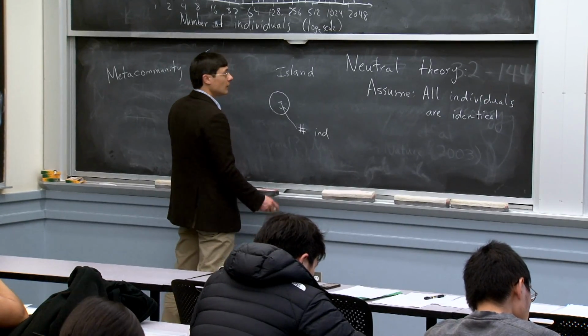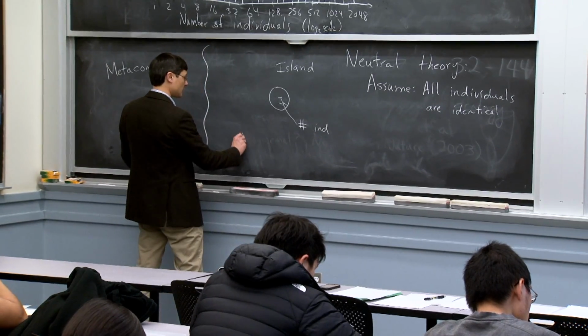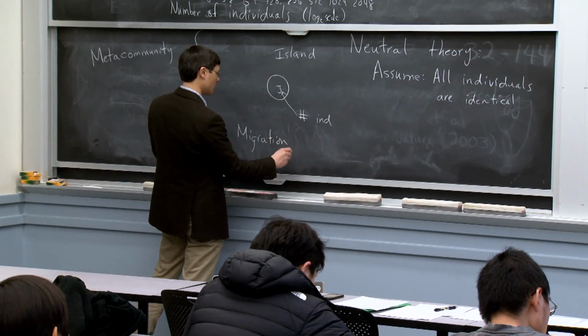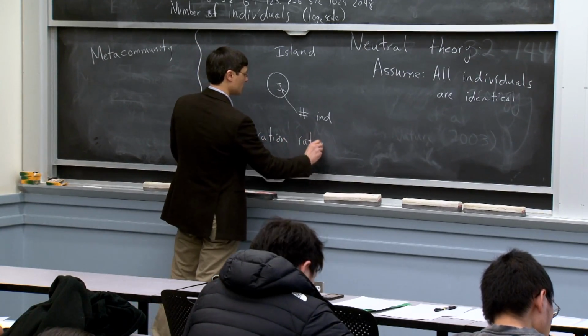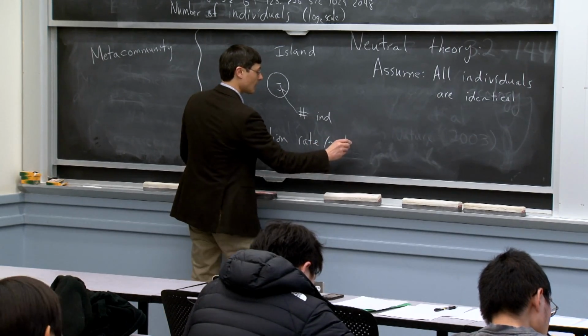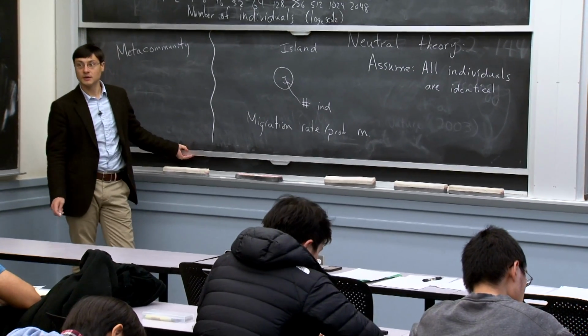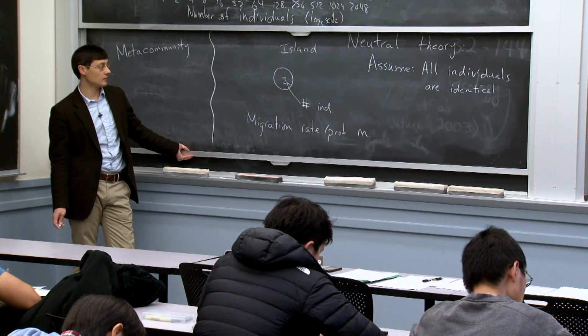And then we have a migration rate m. It's either a rate or a probability, depending how you think about it. Rate or probability m. And can somebody remind us how we handle that?